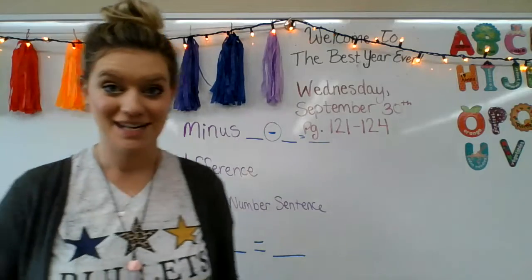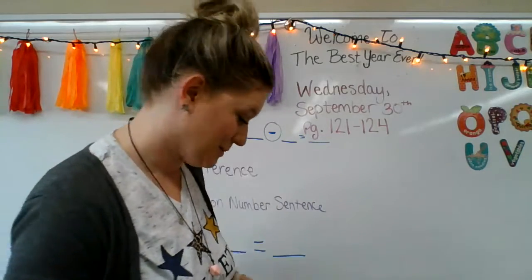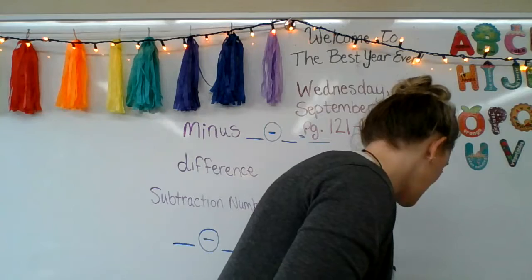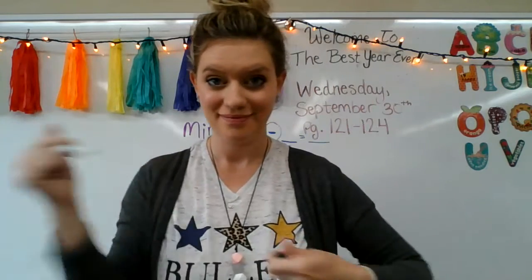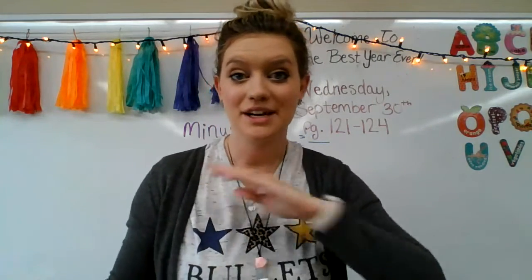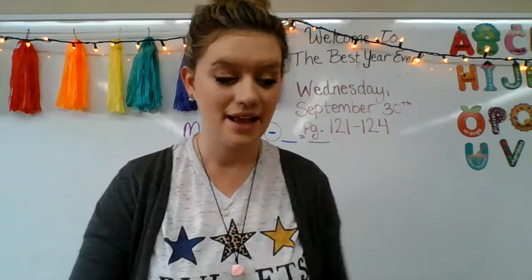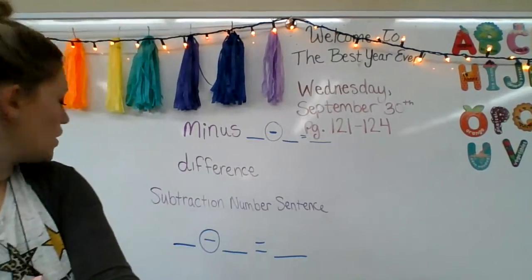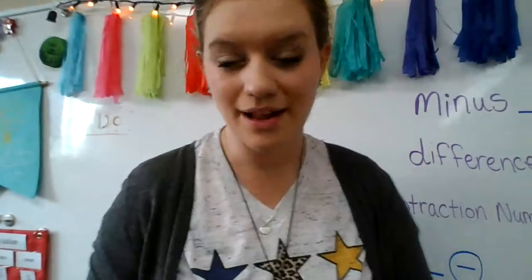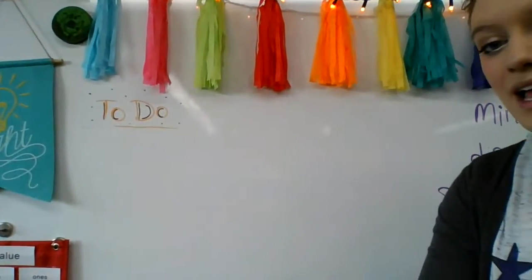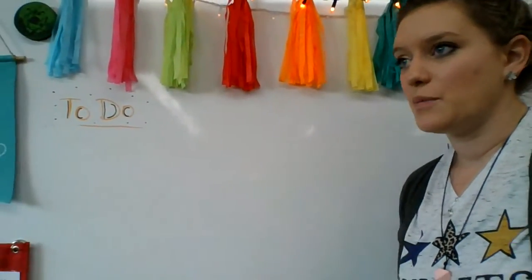But then otherwise, we're going to get going and let's do some examples. Okay, so subtraction. We are taking away things, aren't we? We take things away. So let's come over to this side of the board. I have a little bit more space. So let's just practice a simple one, okay?